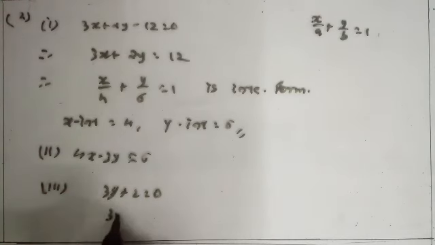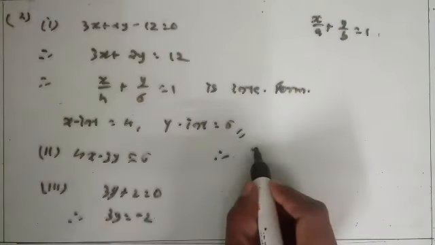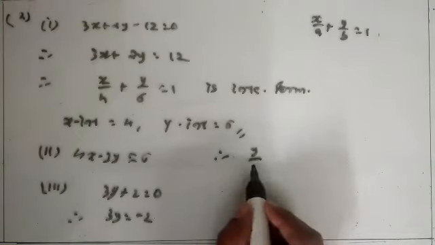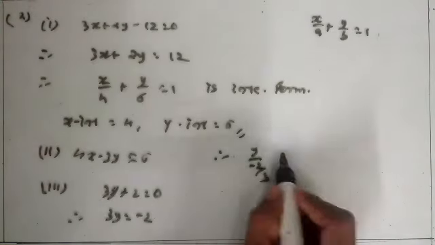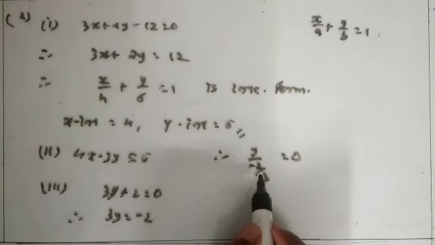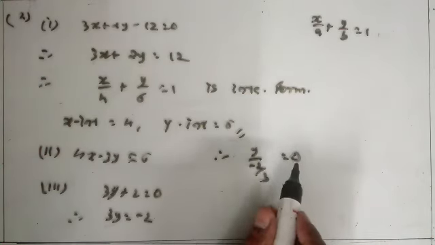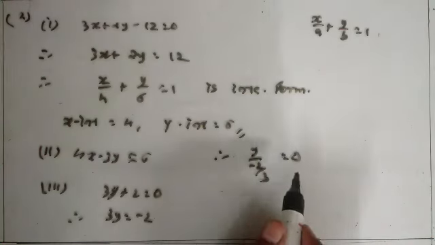So 3y is equal to minus 2. Now dividing by minus 2, we get y upon minus 2 upon 3 is equal to 1. Here the x-intercept is not defined and the y-intercept is equal to minus 2 upon 3. Here this is the intercept form. Clear?